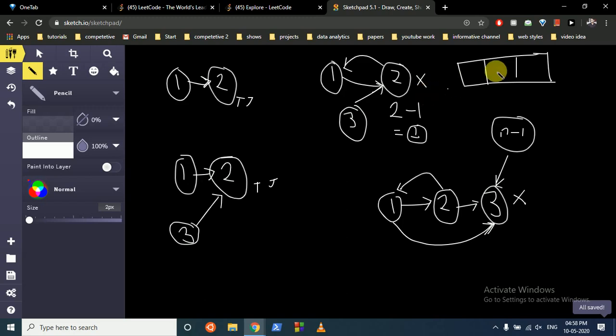If the in-degree total is equal to n-1, it means every person trusts this person and this person does not trust anybody else, because if he trusted anybody else there would be an out-degree and it would decrease the count in this node, and we have to return -1. I hope you understand the logic.